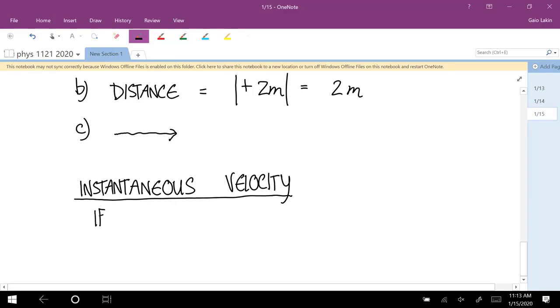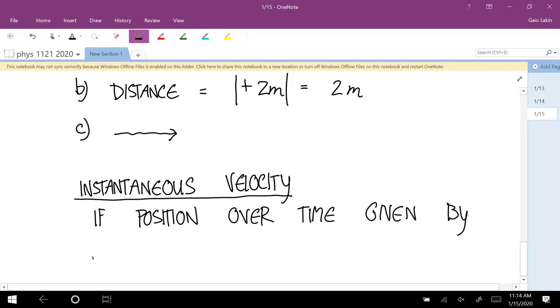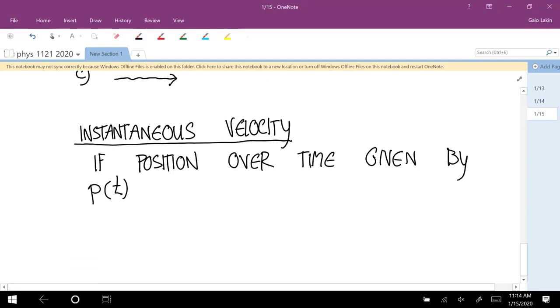If the position over time is given by the function p of t, then instantaneous velocity as a function of time is the time derivative of the position.